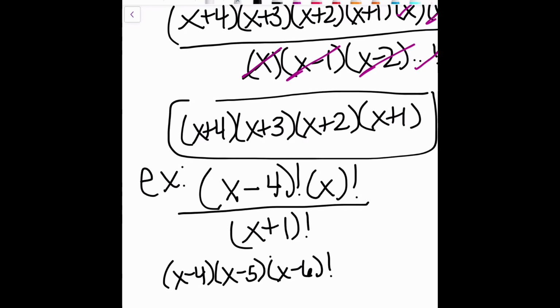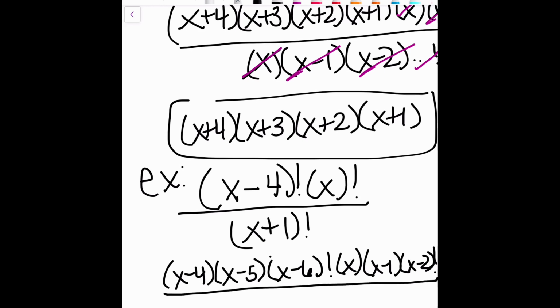So I'm just going to write factorial because it's just going to go until we hit 1, which we don't know where that is, times x minus 1, times x minus 2, and again, factorial because I don't know where that ends, all over x plus 1, and then 1 less than that would be x, 1 less than that would be x minus 1, x minus 2, etc. And so I'm going to cancel out the factors that I have in the numerator and the denominator.